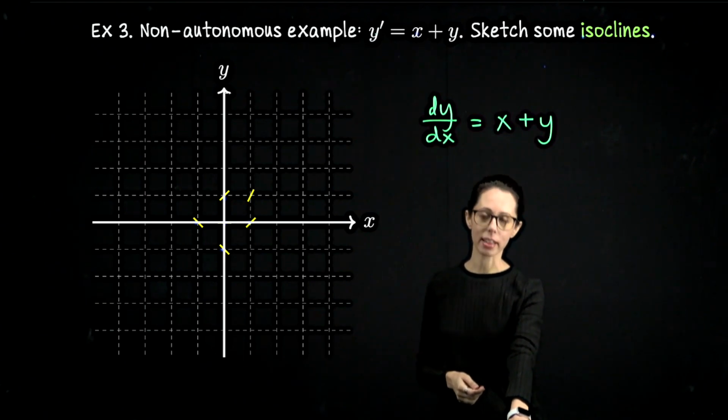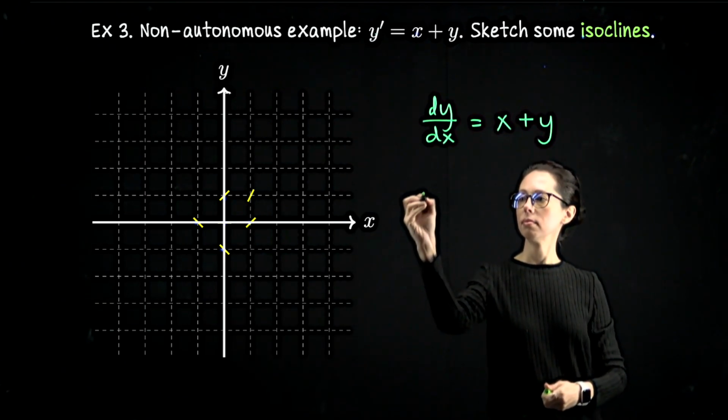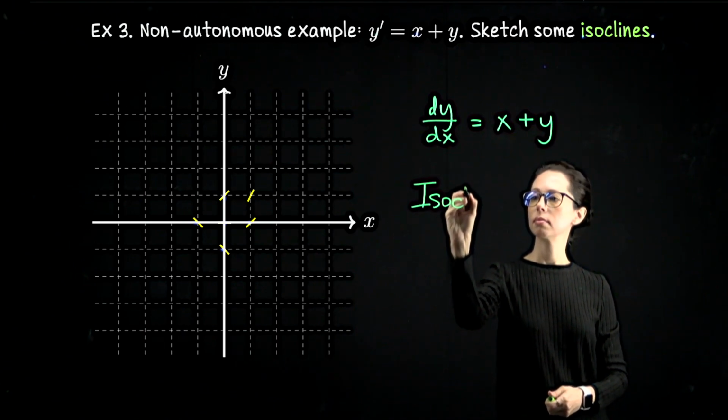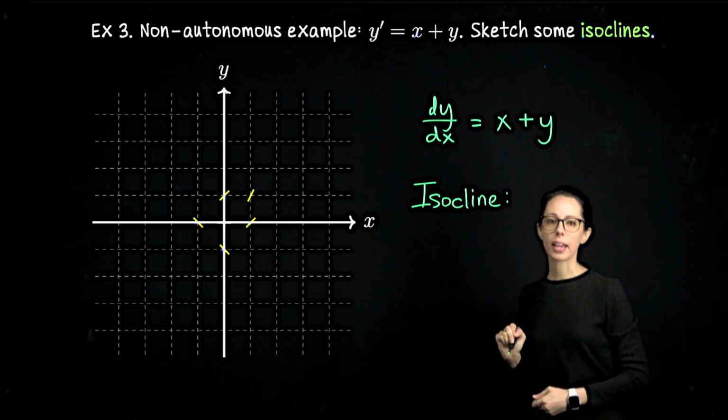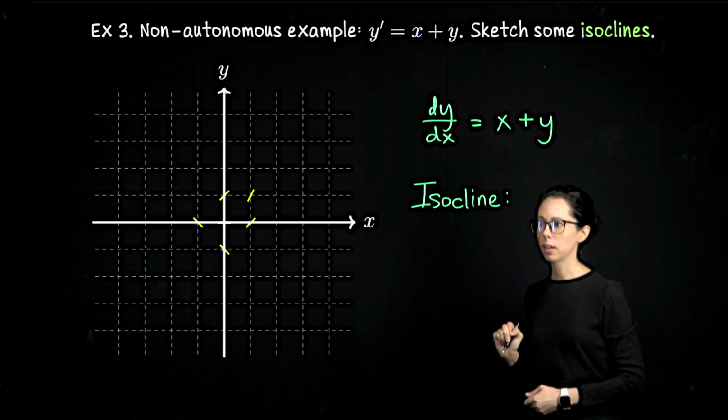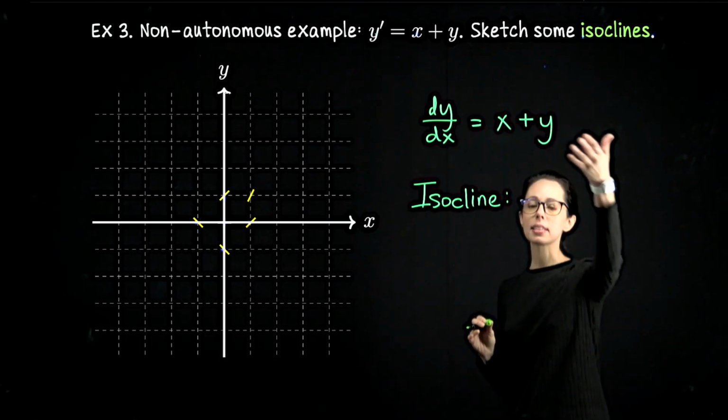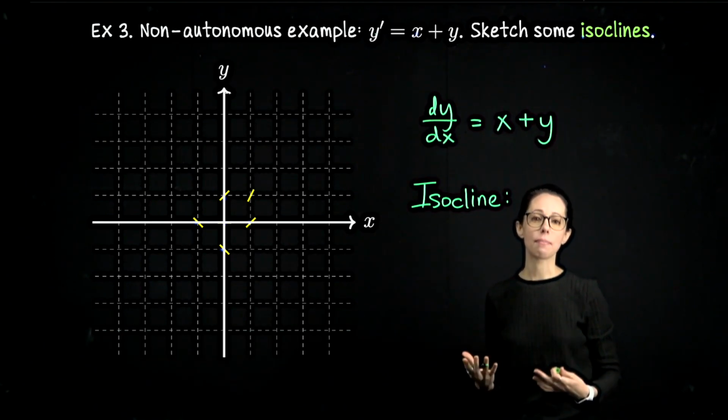So first, what is an isocline? An isocline is a curve in the xy plane along which this right-hand side all has the same value.